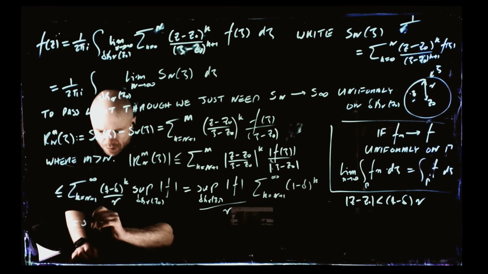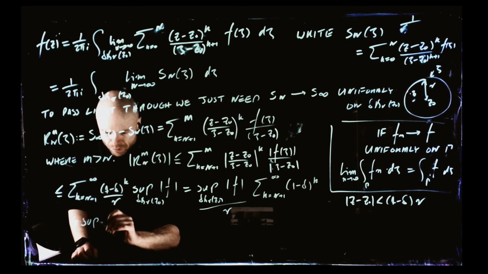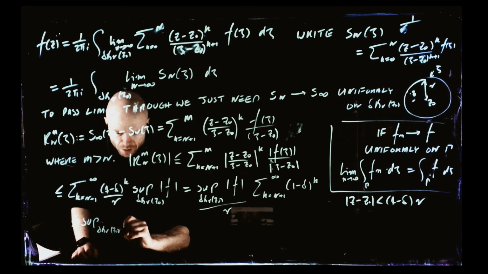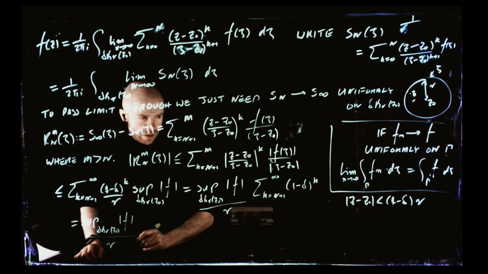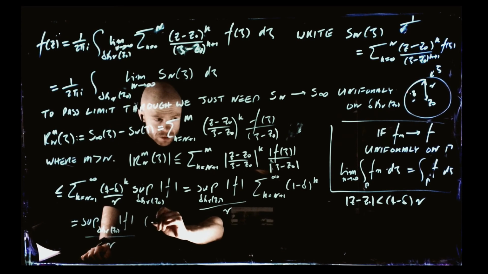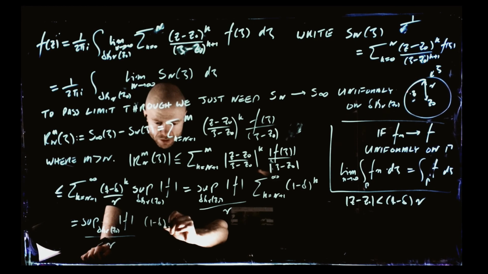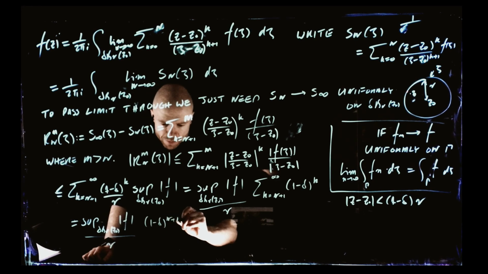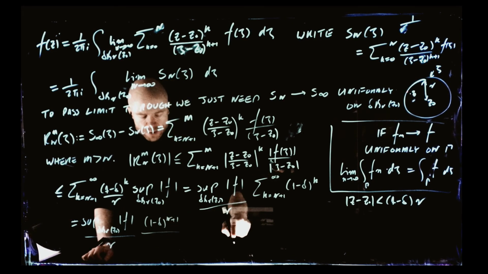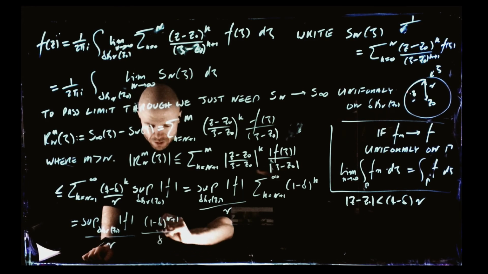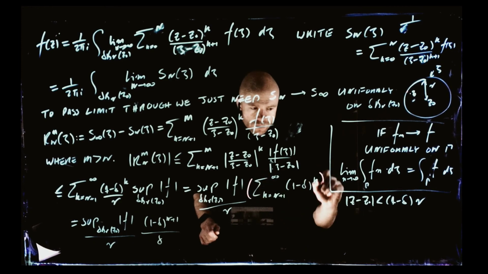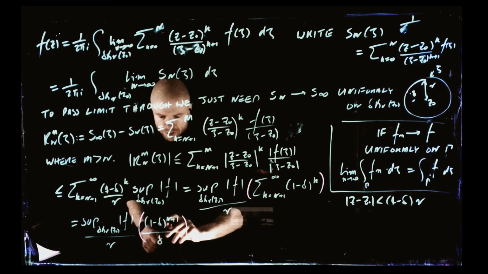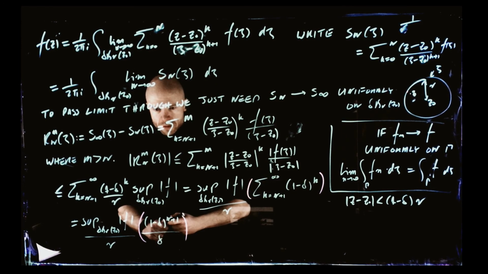This is just the supremum over the boundary of the ball of z0 of this over r, and then this thing is (1 minus delta) to the n plus 1 over 1 minus delta. By our geometric series stuff that we know from Calc 2, this is just equal to this.